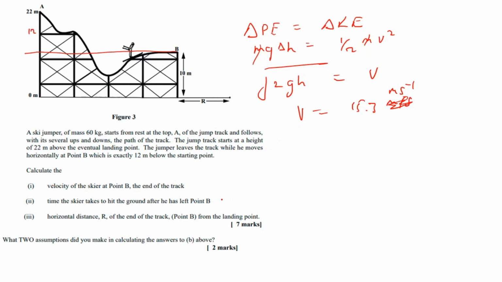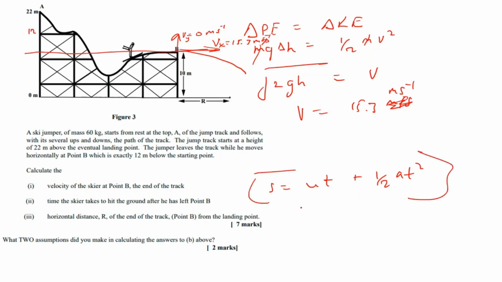Now we use the equation s = ut + ½at². The skater launches horizontally, so there's no initial vertical velocity component; the vertical component is 0 meters per second, while the horizontal component is 15.3 meters per second. This equation only applies to vertical motion.